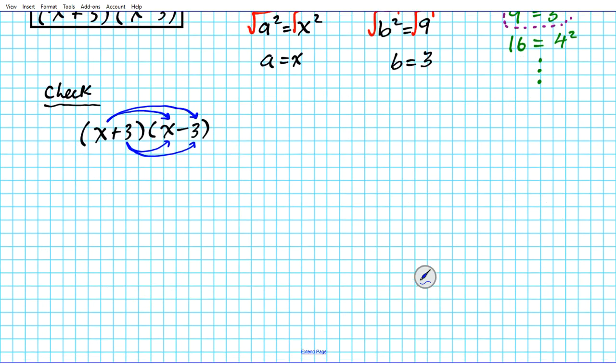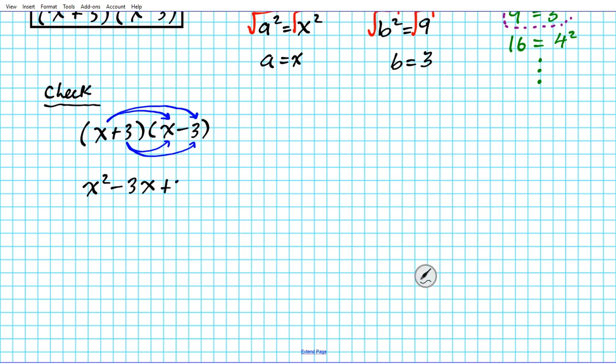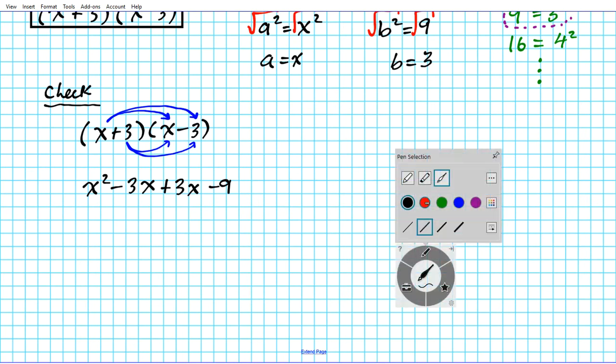Upon multiplication, what do you get? You end up with x times x is x squared. 3 times x is 3x, and negative 3 times x is negative 3x. 3 times negative 3 yields negative 9. Can this be simplified? Absolutely.